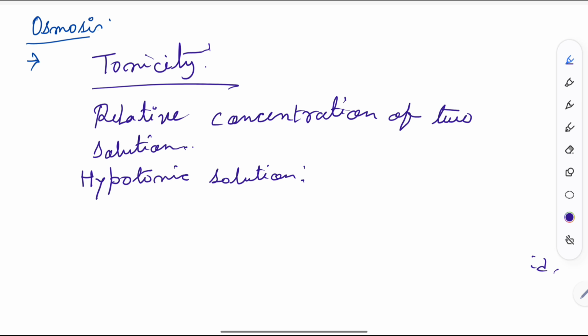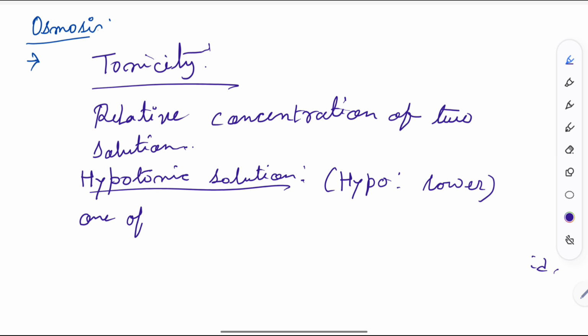Now remember, the word hypo means low, lower. It means the one of the two solutions which has lower concentration of solute is considered hypotonic.